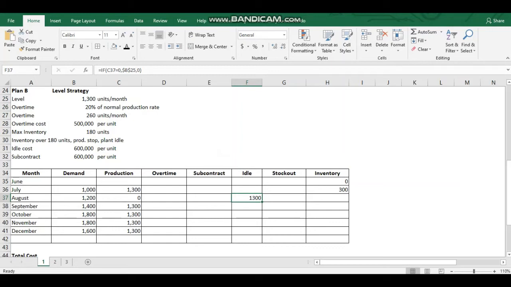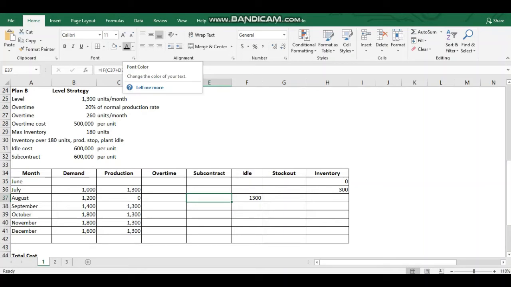And then how could we fulfill the demand on August? We could do it by using this inventory and then doing subcontract. So basically subcontract is buying from another company.